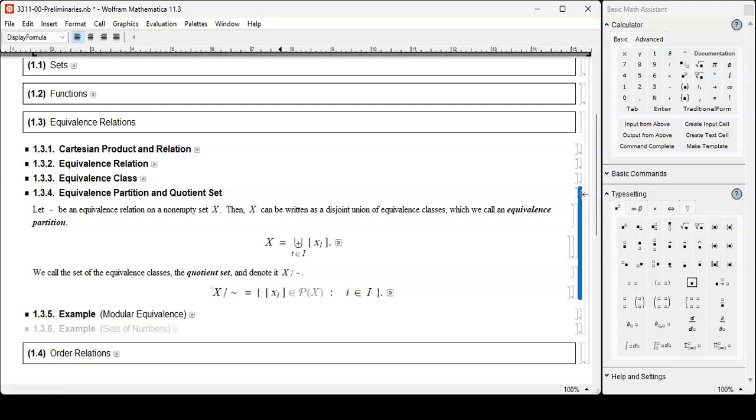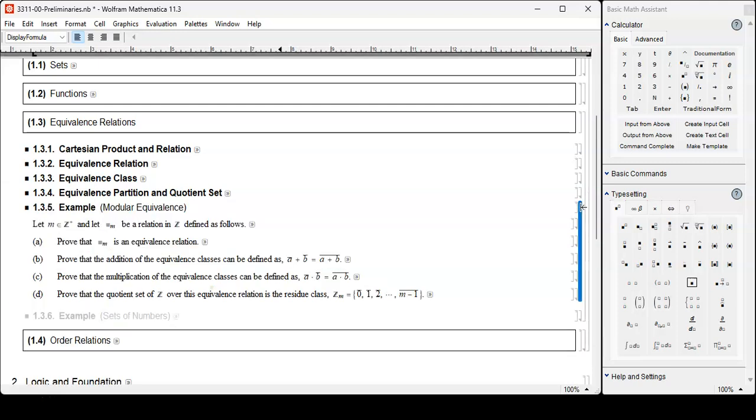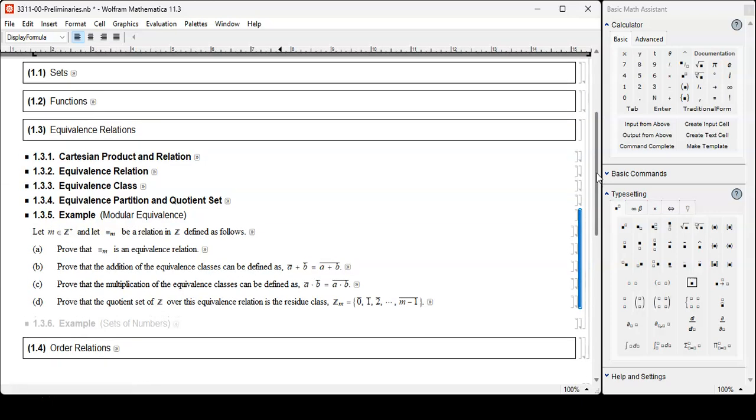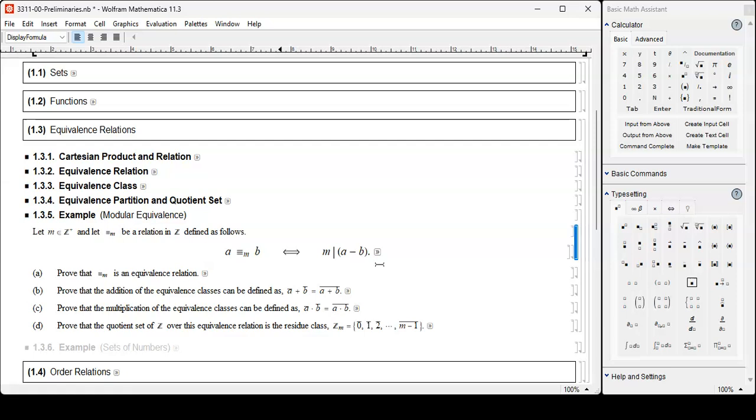So what's an example of this quotient set? Well, one example is modular equivalence, or modular congruence. We define A and B as congruent modulo M if M divides A minus B. Do you remember this in Introduction to Proofs class?